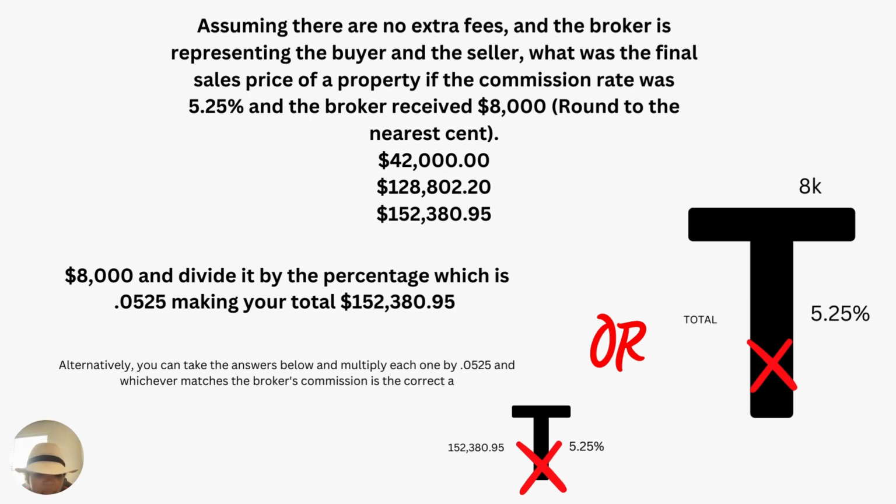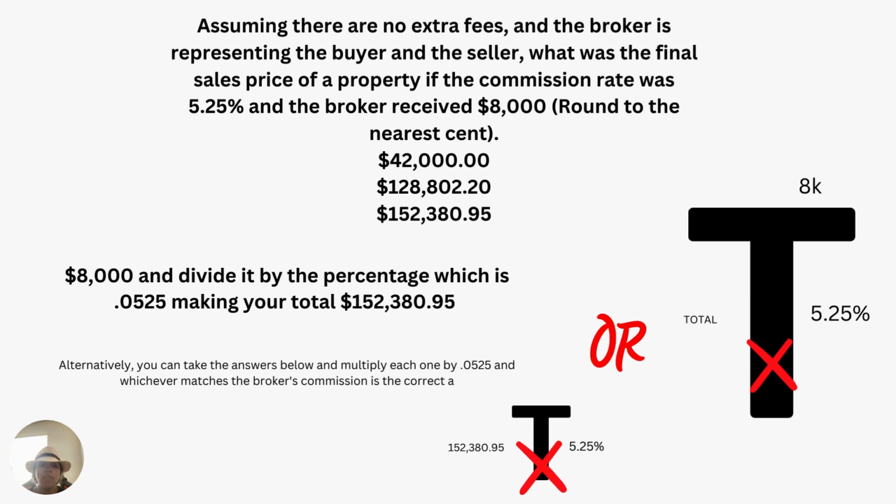So I would say 42,000 times 5.25. Well, that doesn't give me 8,000. Or I'm going to say 152,380.95. What does that give me?